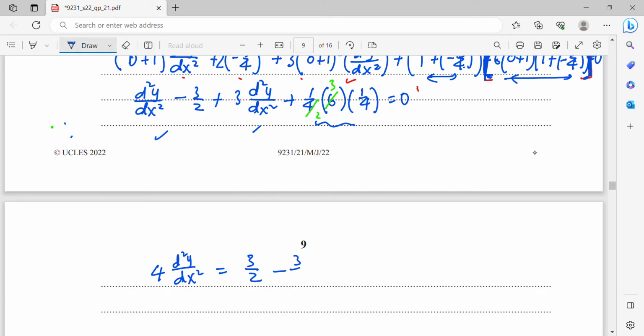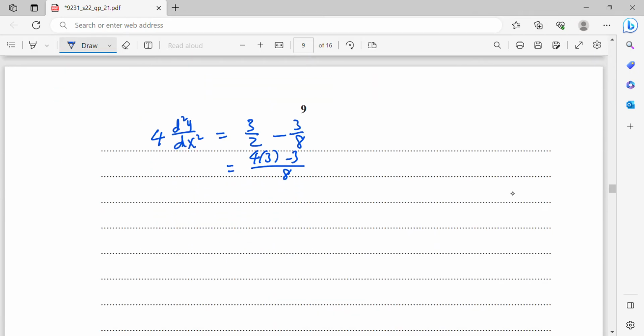So it's minus 3 over 8. Alright, so you will get 8. This is 4 times 3 minus 3. So 12 minus 3 is going to be 9 over 8. Therefore, your d squared y over dx squared is 1 over 4 times 9 over 8, which is 9 over 32. So we have found the d squared y over dx squared.